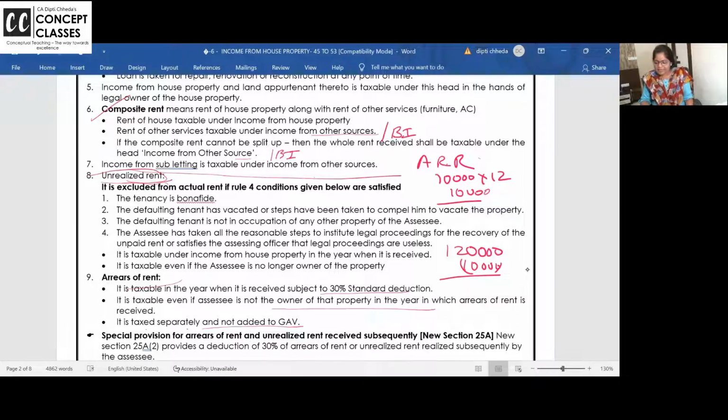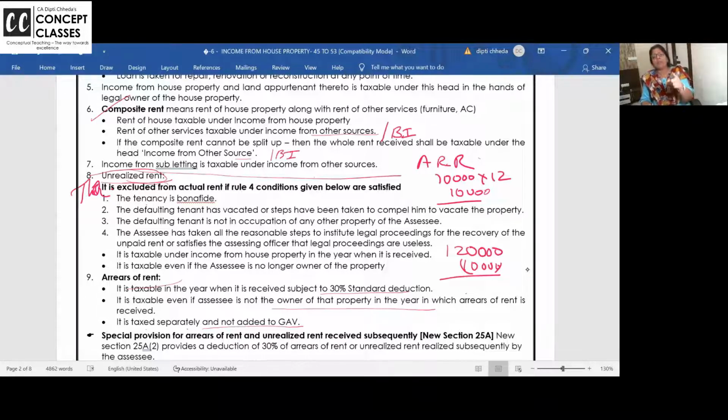Unrealized rent is deductible because मिला ही नहीं है. You have not received that rent. Provided tenancy is bona fide. Owner, this is asked as a theory question. What are the conditions? Tenancy is bona fide. Defaulting tenant has vacated or steps have been taken. See, when you are not paying the rent, please go. Bye-bye. He should not occupy any other property also.